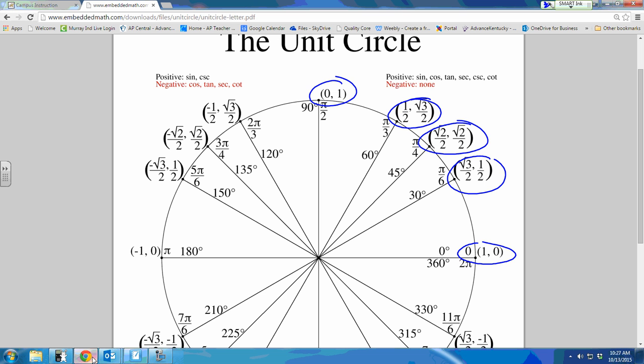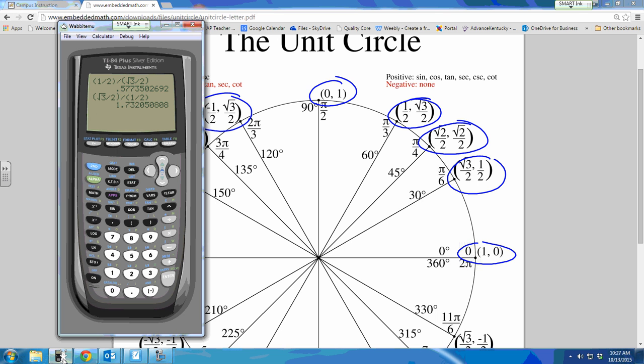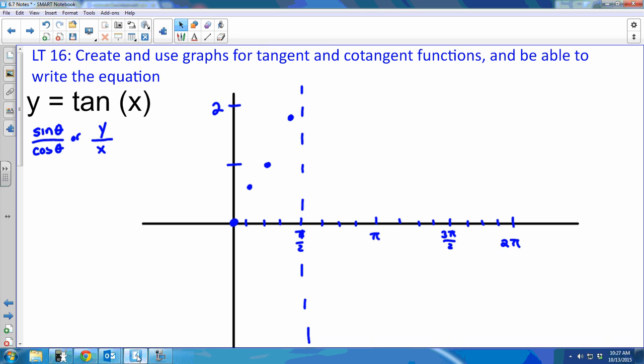Now this time, I'm not going to have to divide everything on the calculator because I'm going to start repeating what the values are. They're just going to become negative and that kind of thing, right? So 2 pi over 3, we do the square root of 3 over 2 divided by -1/2. So we adjusted that, and that was 1.73, but now it'll be -1.73. So we'll make this -1 and -2. So -1.73.